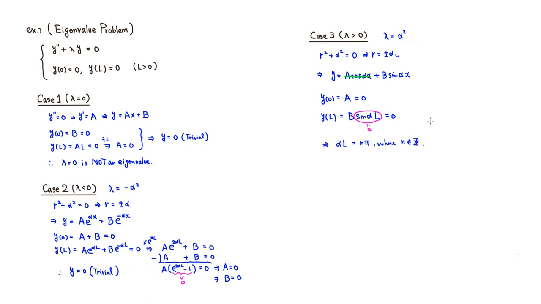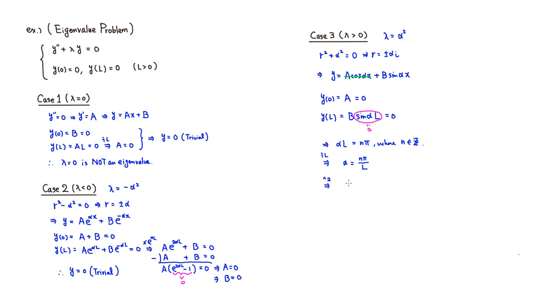All right, since we're looking for lambda, which is just alpha squared, let's first find alpha. We can just divide through by L. So alpha is going to be equal to n pi over L. Then if you want lambda, we can just square both sides.